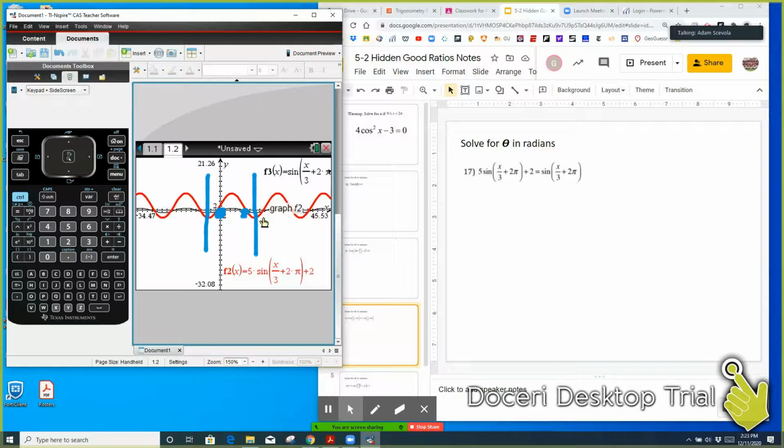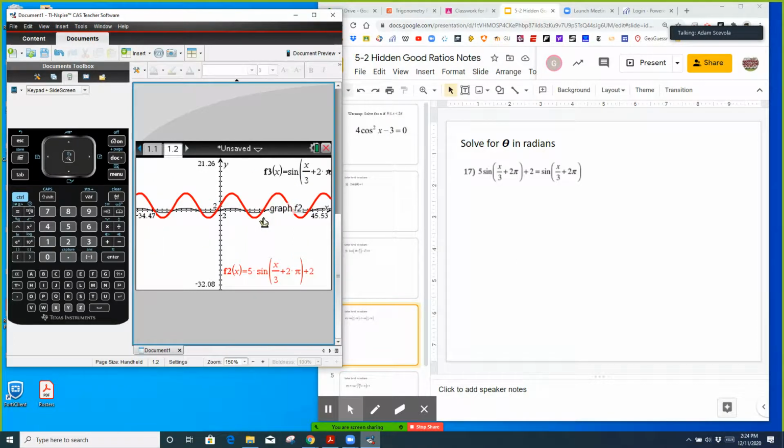If I were to color coordinate them, these points correspond, like the first one of each period, and they're going to repeat every period. That was 6 pi. And these other points where the intersections are all correspond to each other. They're also a period away from each other on the x-axis. So if you just keep adding the period 6 pi, multiples of that, you'll get all those answers.